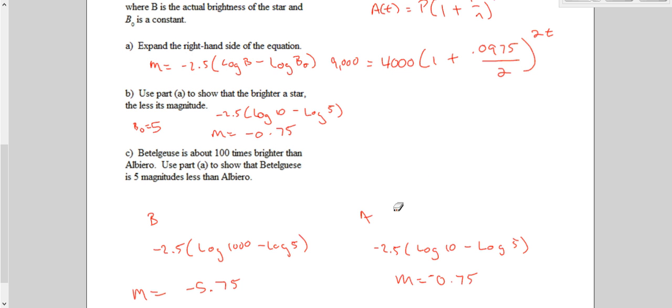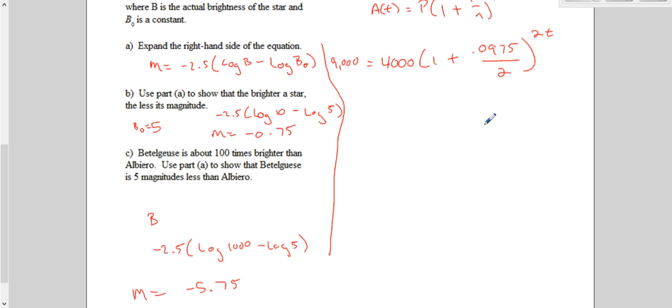And to do that, I'm going to have to isolate the exponential value and take the logarithm of both sides. So first, I'm going to start off by dividing by 4,000. And I get 9/4 when I simplify that all the way down, equals 1 plus 0.0975 over 2 to the 2t.